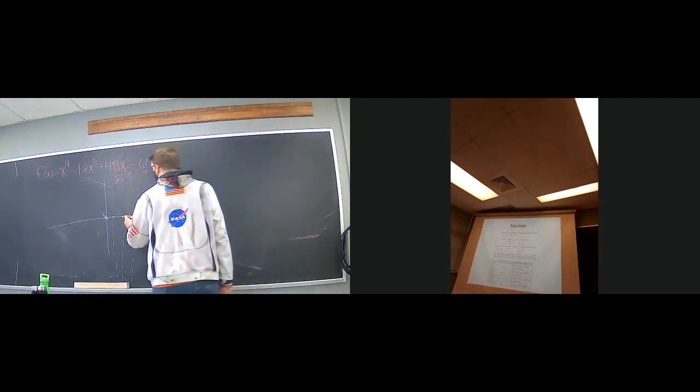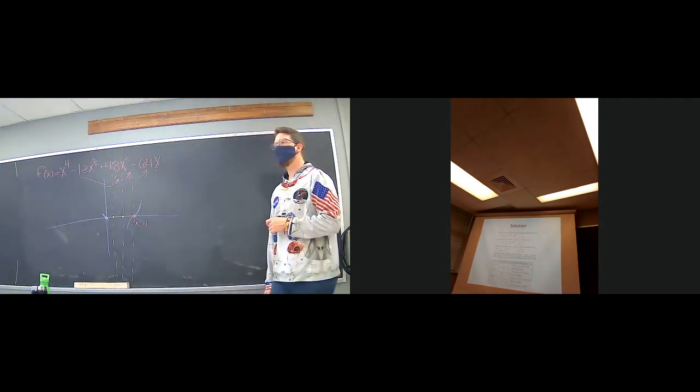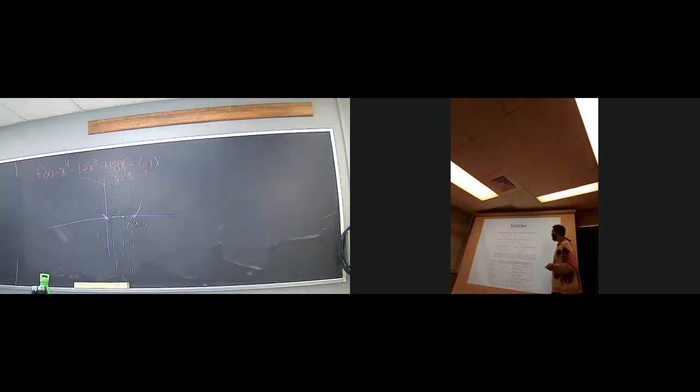So we're increasing through here. So we know we're going to do something like this, right? Through there. What else do we know? We know we're concave up from negative infinity to 2. Concave down from 2 to 4, and concave up from 4 to infinity. So it matches our picture so far, kind of, right? Makes sense what I'm saying?